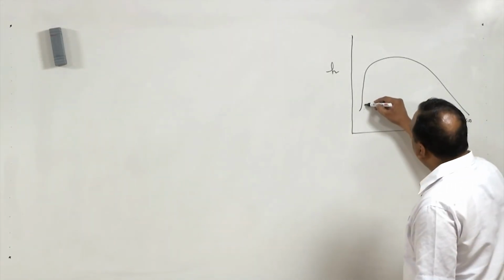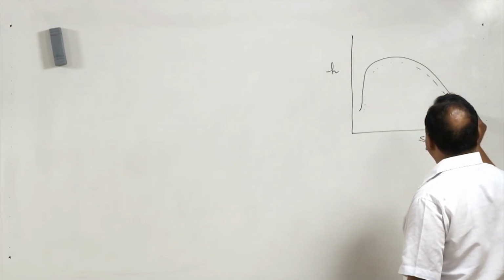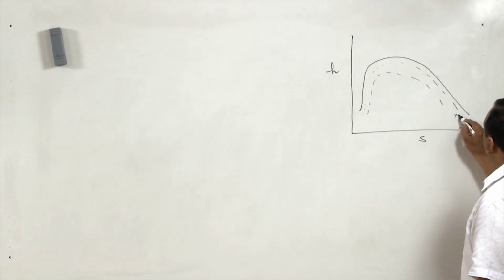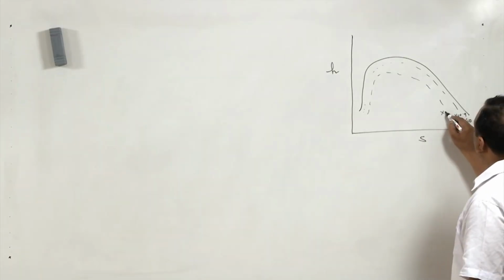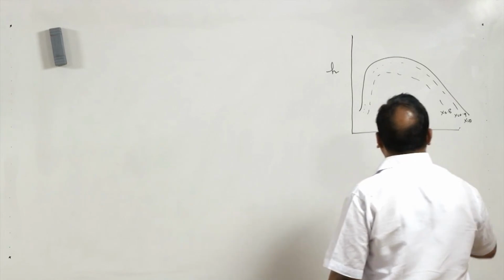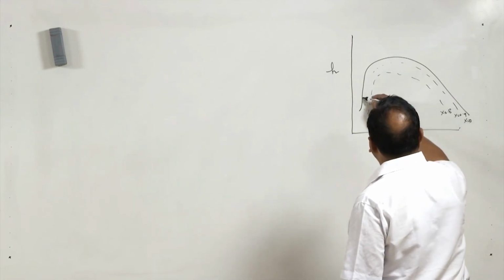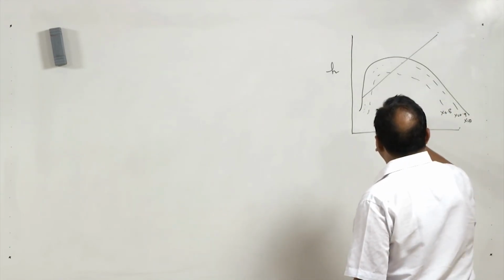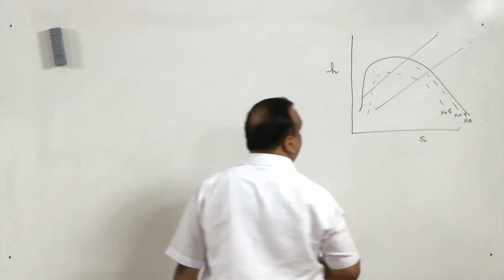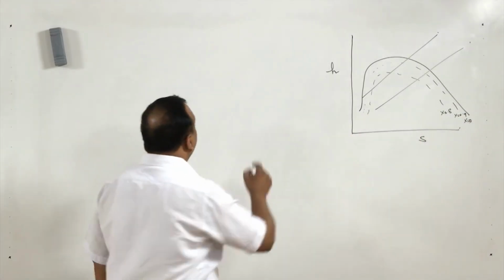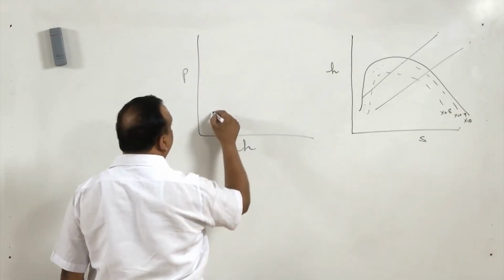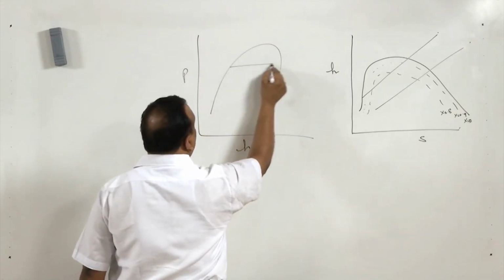Below this I can get different lines for different qualities, for example, x is equal to 0, x is equal to 0.9, x is equal to 0.8, and so on. Constant pressure lines can be shown here. These lines are not parallel, these are constant pressure lines, as in the pH diagram of any refrigerant.